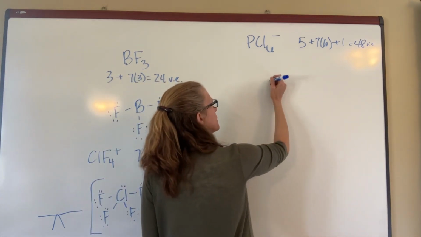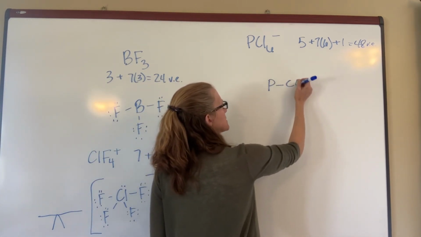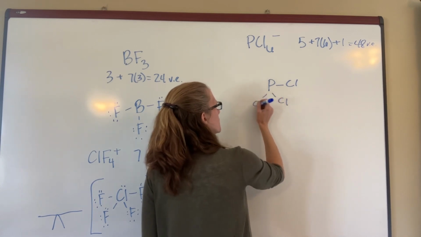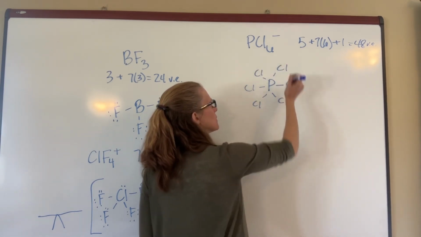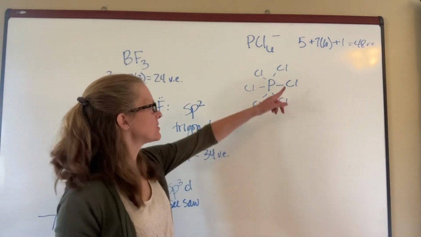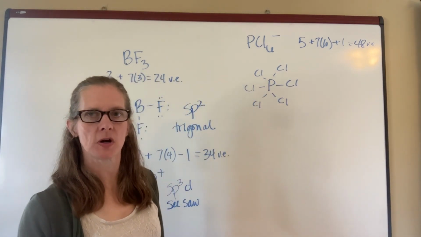Phosphorus is going to be in the middle. So I've got 6 attached to it. Okay, so there's 6. That means I've got 12 valence electrons shared already.